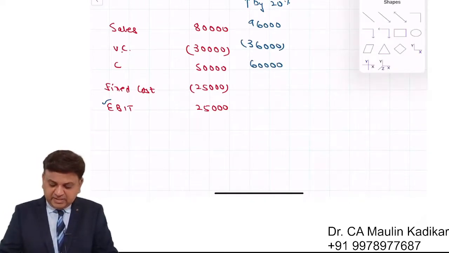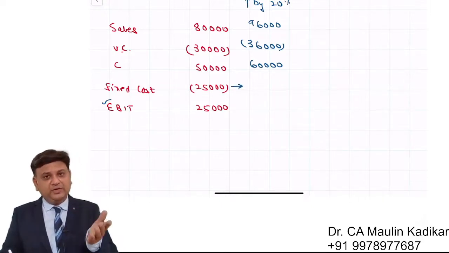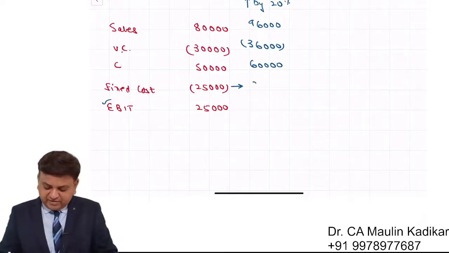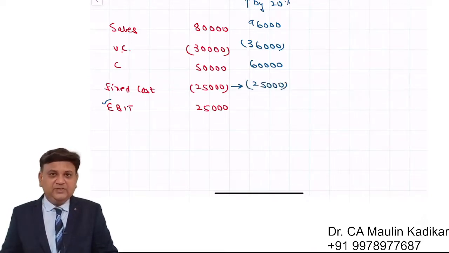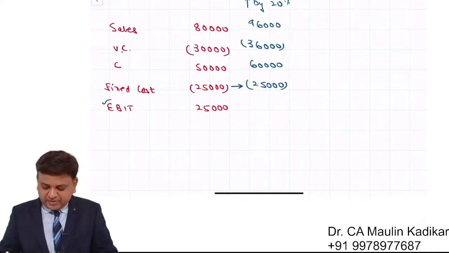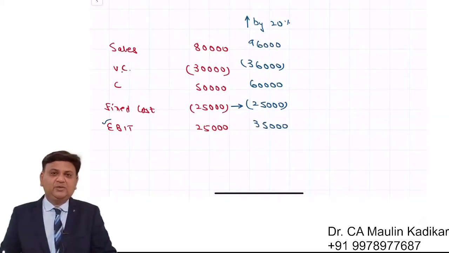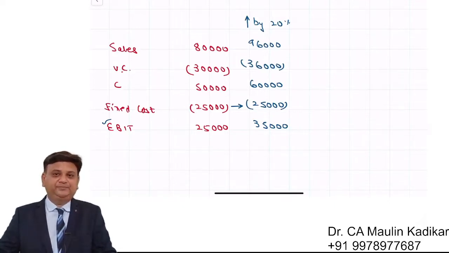There will not be any change in the fixed cost. The fixed cost was earlier 25,000. Even now it is going to remain the same, 25,000. Importantly, the fixed cost does not change, so it is called fixed cost. So the operating income is 35,000. This is the way we can have a simple calculation of the operating income. It is 35,000 rupees.